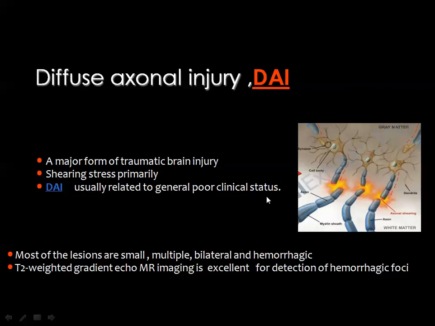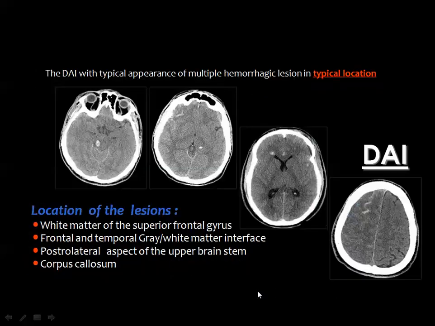The appearance of the lesion will be in the form of minute hemorrhagic foci distributed in characteristic areas within the white matter. And these areas are the white matter of the superior frontal gyrus, the frontal and the temporal gray-white matter interface, the posterior aspect of the brainstem, as well as the corpus callosum.